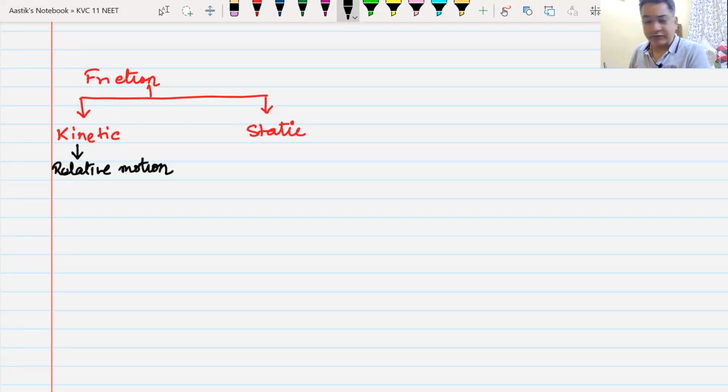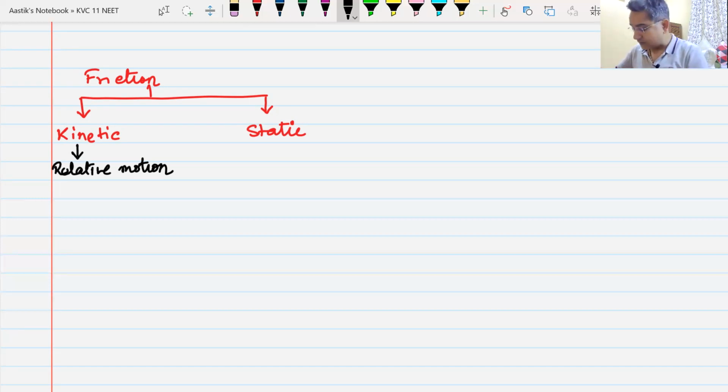Whenever there is relative motion between the two bodies, this comes and it opposes this relative motion between the two bodies. So it will come when one body is slipping over the other body. There is a relative motion between the two bodies. Then this kinetic friction comes into the picture.